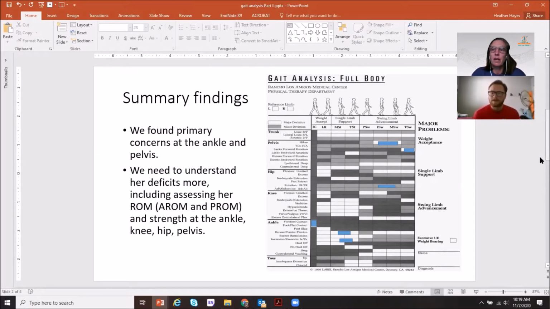Great. And what might be some functional measures you'd want to assess? So I think, again, since her main goal is increasing her gait speed, the primary one is probably the FGA, the Functional Gait Assessment.